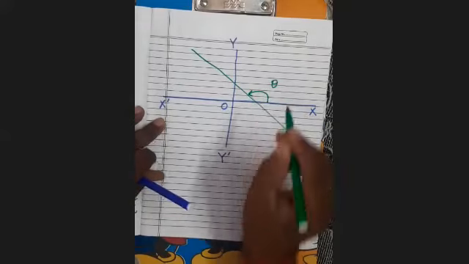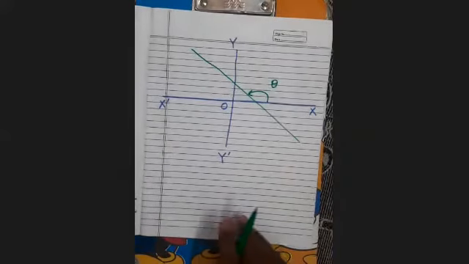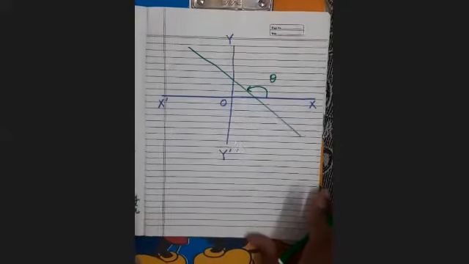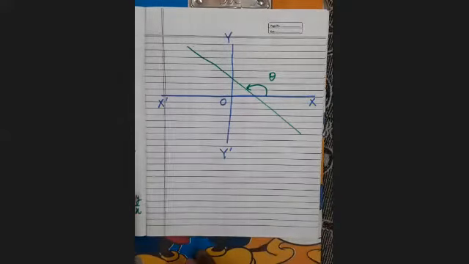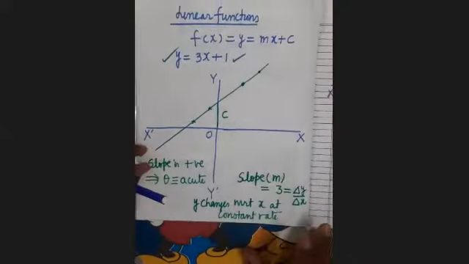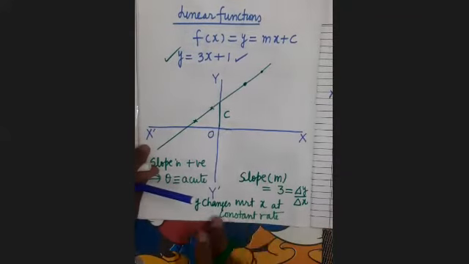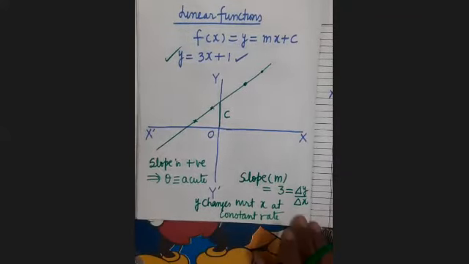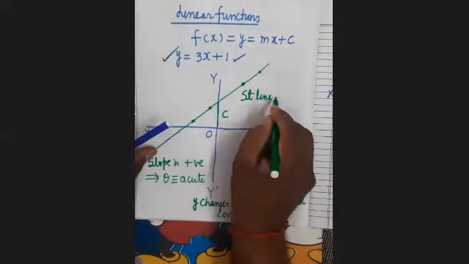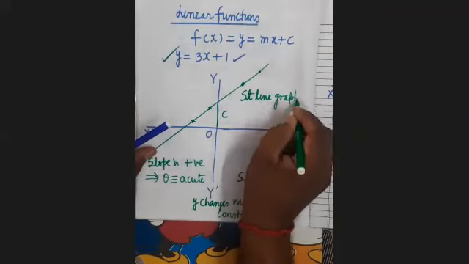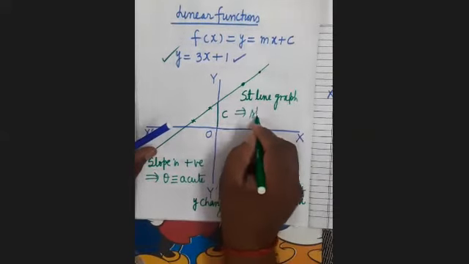Theta is obtuse. यहाँ slope constant होगी कि नहीं होगी? Whether slope will be constant or not? Yes, sir, it will be constant. Why? Because the graph is a straight line. Means अगर straight line graph है, then slope will be constant. Slope is constant means y changes with respect to x at a constant rate. It's clear? Straight line graph, slope will be constant.